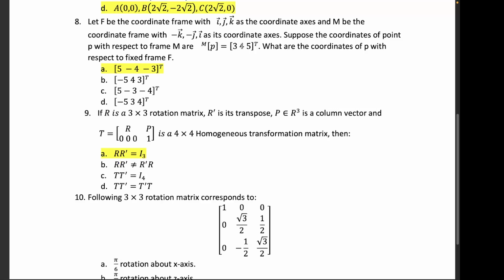And similarly, the j is just a minus sign. So since in M frame it's 4, in F frame it will be -4, and i will remain as is. So the z coordinate in M frame is 5, which corresponds to the x coordinate in F frame. So the point in F frame would be 5, -4, -3. And you can do this using the rotation matrix also.